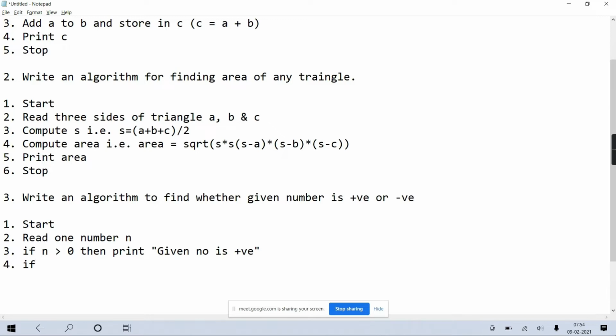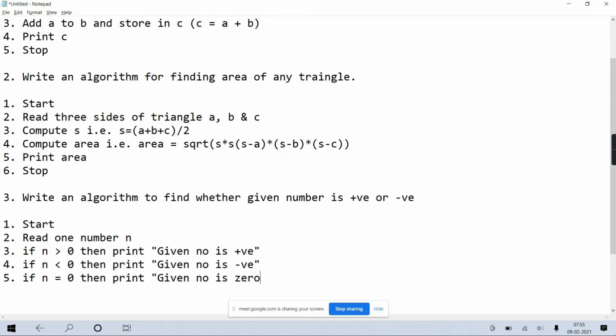Then we'll check whether n is less than 0. You can write it with else also. You can do the comparison that way. I'm writing given number is negative, and if n is equal to 0, then print given number is 0, and otherwise stop.